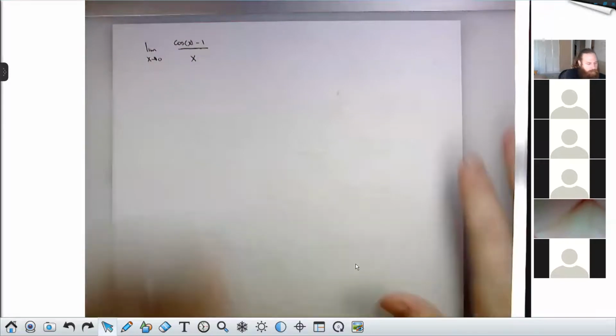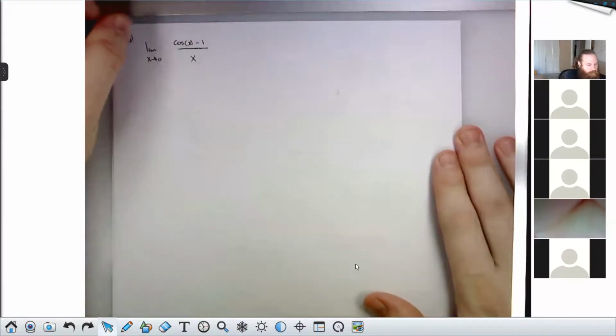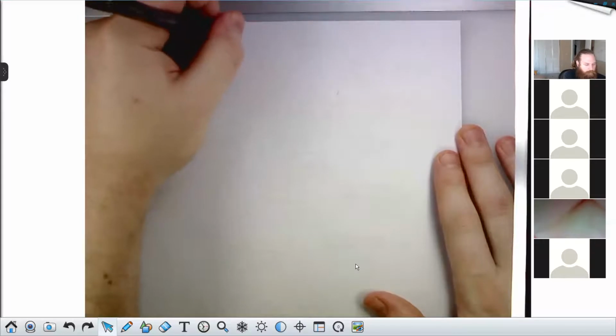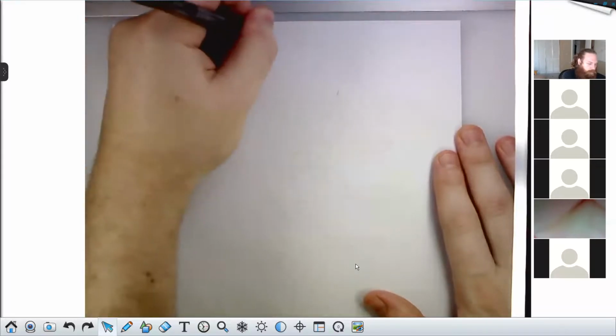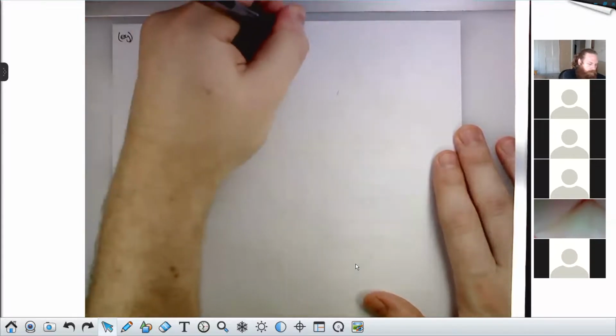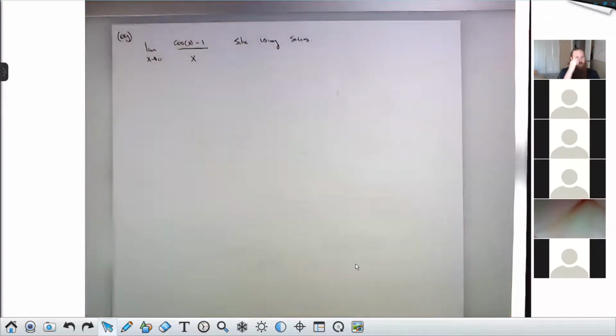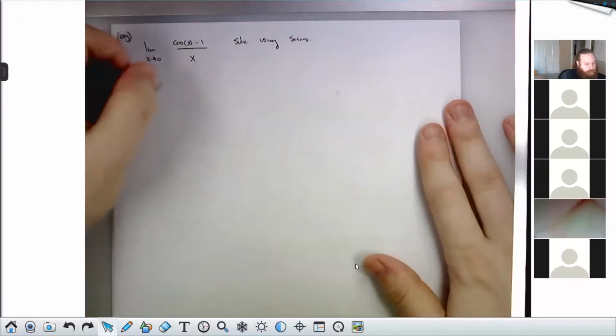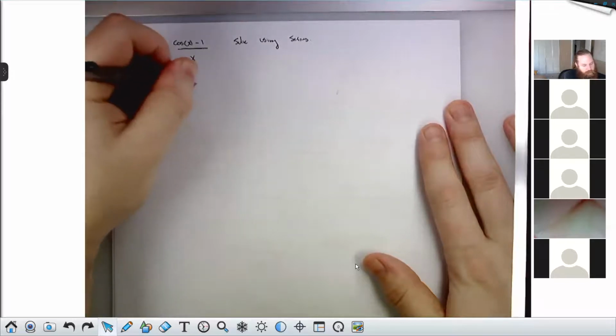This is a special trig limit from Calc 1. So I could say I want to solve this limit using series. Of course, there are other ways to do it. But if we wanted to do this, just as an example, we would begin with what cos x is.